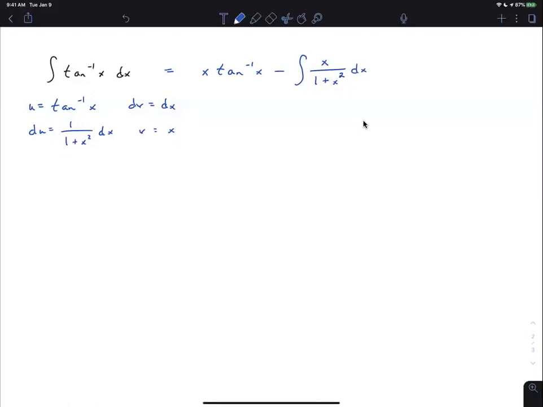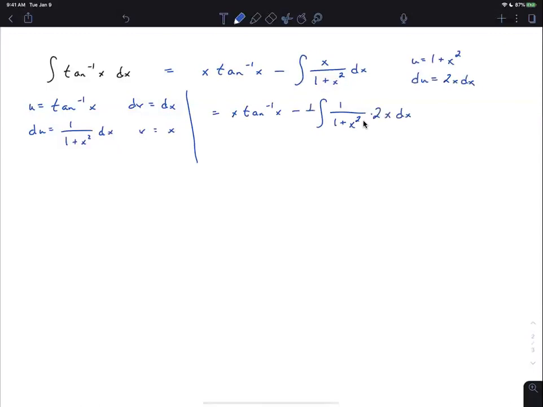So it's a u sub where u is 1 plus x squared, and then du is 2x dx. And so we get x inverse tangent x minus, and now we're going to move the x off the fraction. And you need a 2 here, so we need a 1/2 out here.